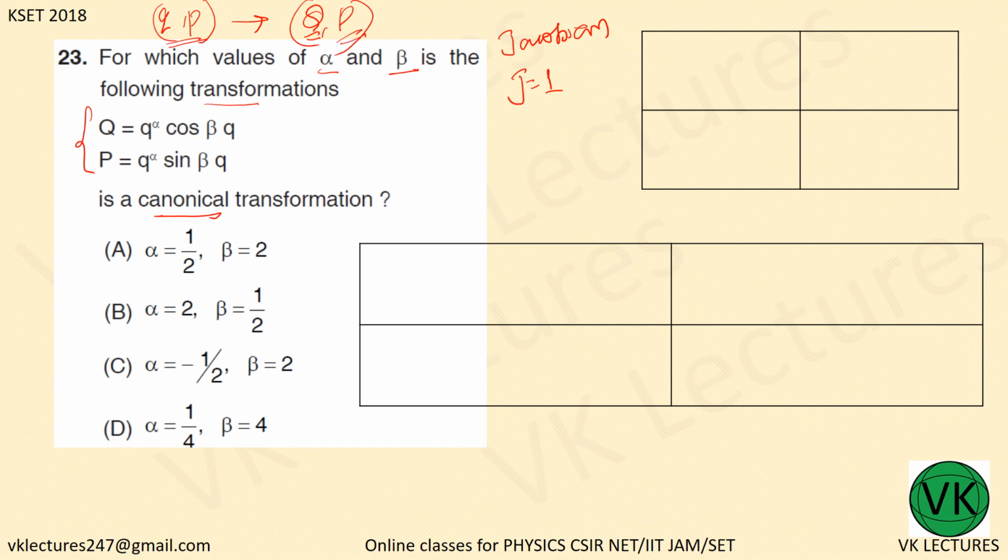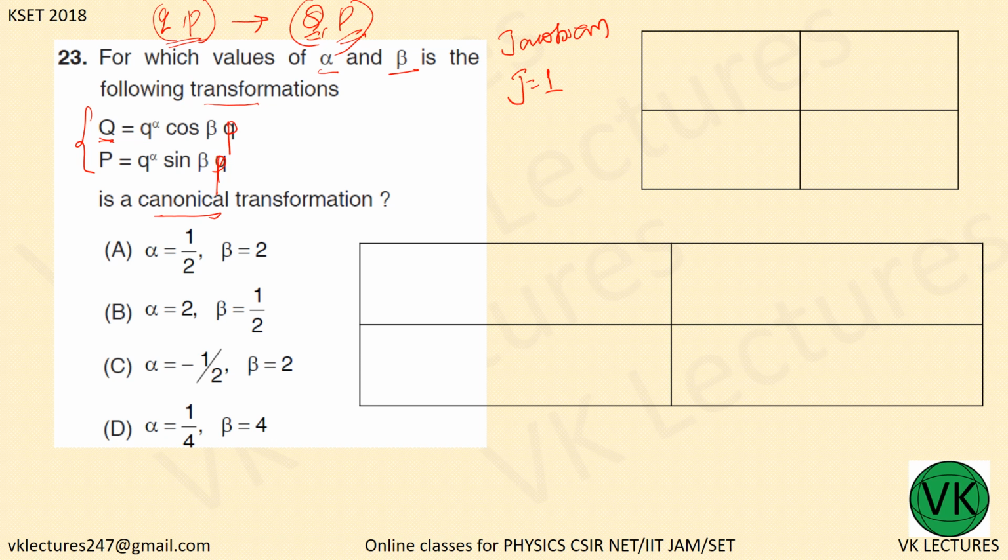There is a small mistake here: this is cos beta p and sin beta p. So capital Q equals small q power alpha cos beta p, and capital P equals q power alpha sin beta p.